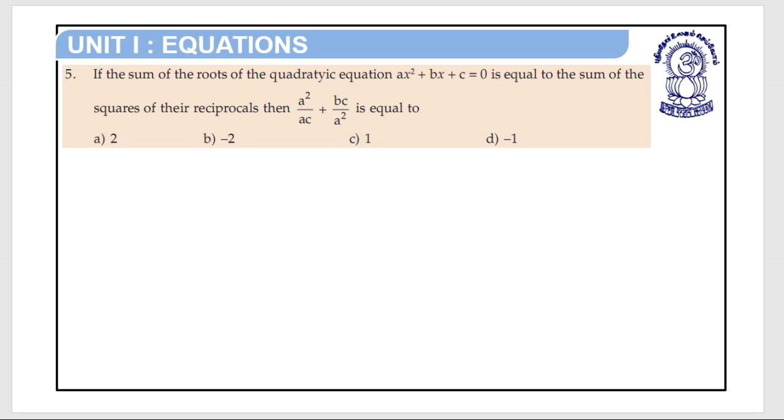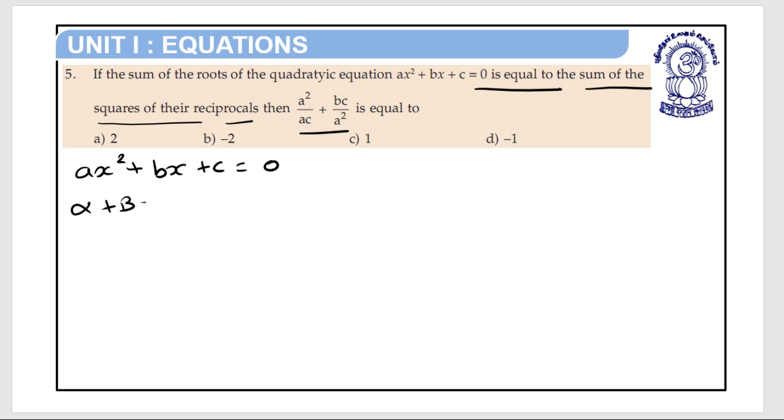Next, if the sum of the roots of the quadratic equation ax square plus bx plus c is equal to 0 is equal to the sum of the squares of their reciprocals, then a square upon ac plus bc upon a square is equal to... Here we write the equation ax square plus bx plus c is equal to 0.